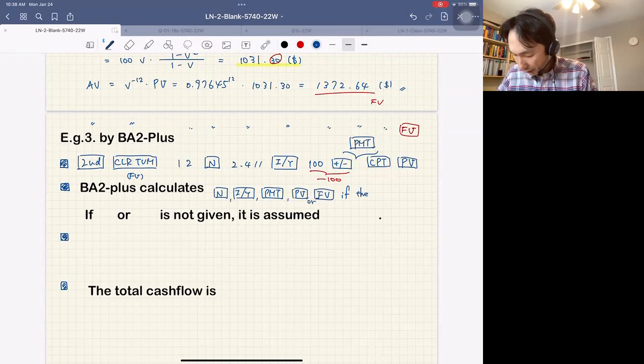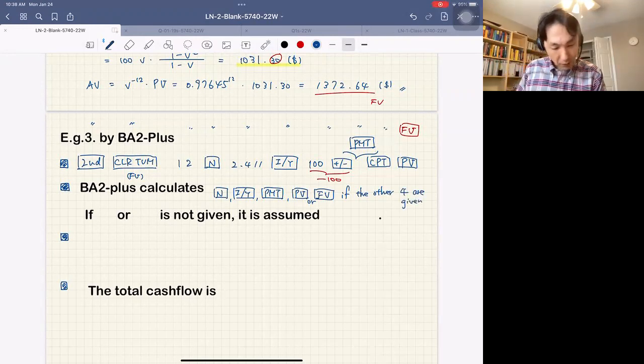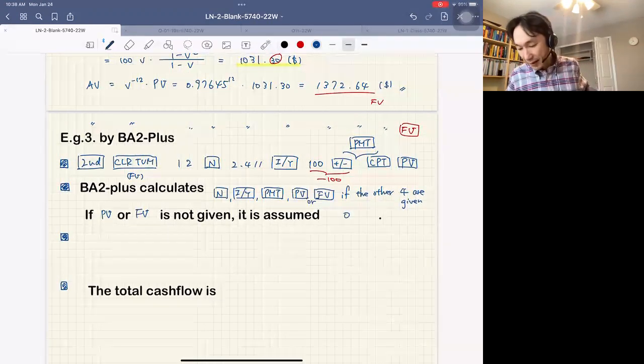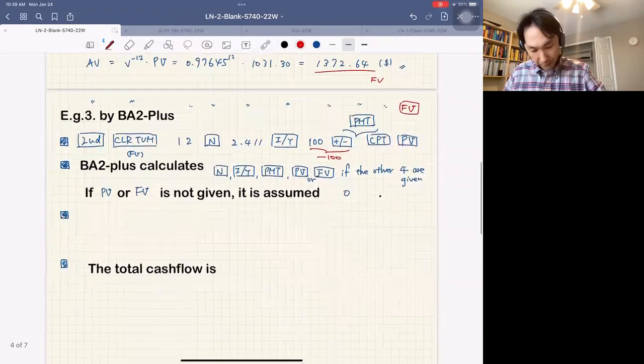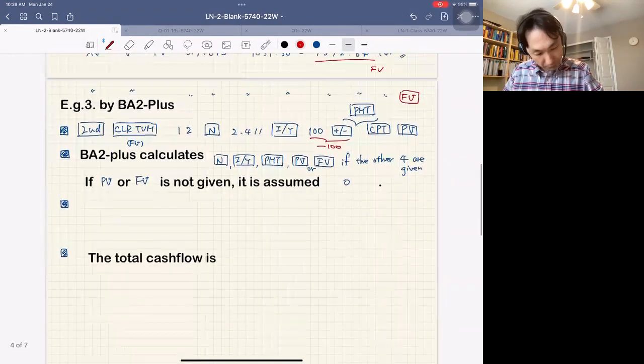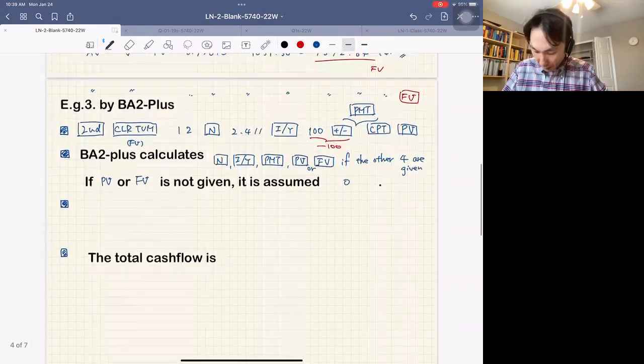But one exception: if PV or FV is not given, it is assumed 0. So to be exact, the equation this function solves is this.